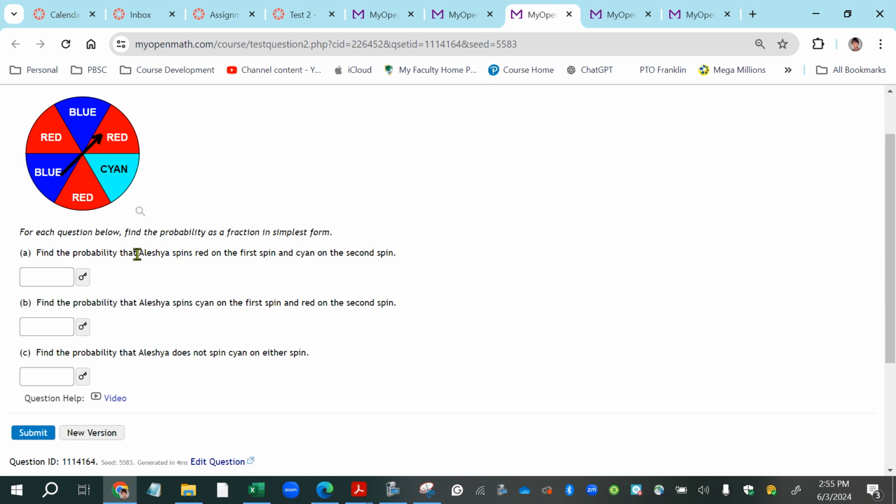Because we're interested in something happening first and then something else, it could even have been red and then red, but because we're dealing with this happens and then that happens, it's a multiplication rule problem.